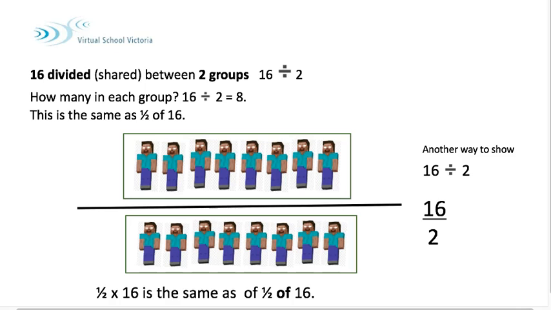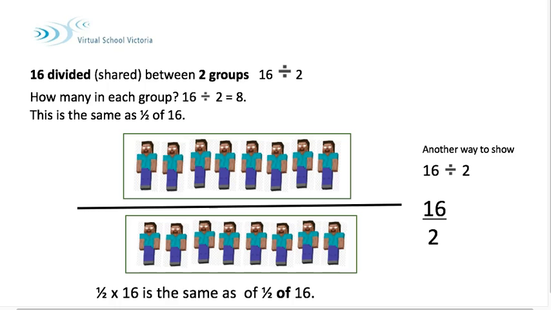Now, this works as a fraction very well as well, because I've taken 16 things and I've divided by 2. Now, can you see another way of writing a division sum? We start at 16 and we divide by 2. And it's exactly the same as that. So when you see it like that, it is still a division problem.